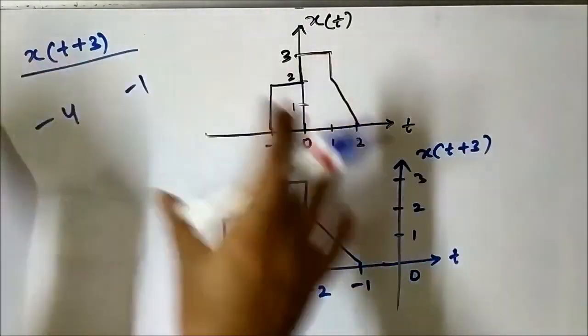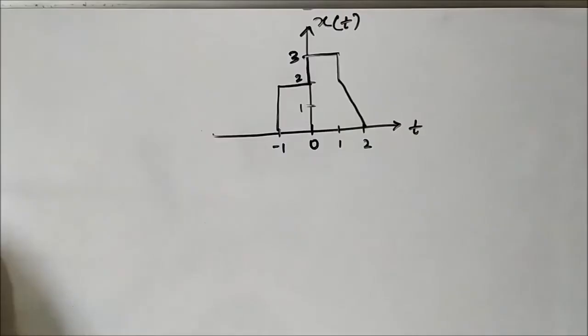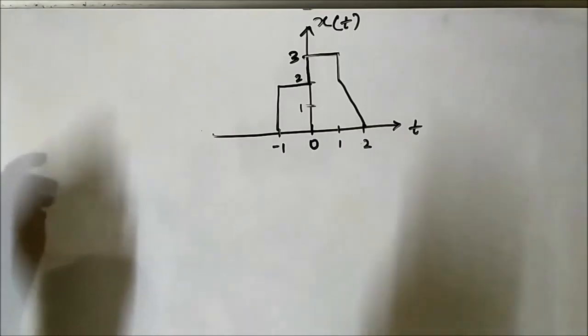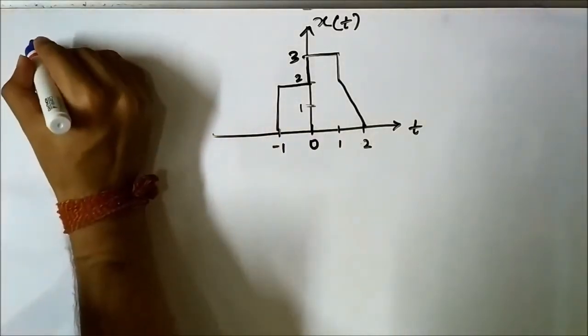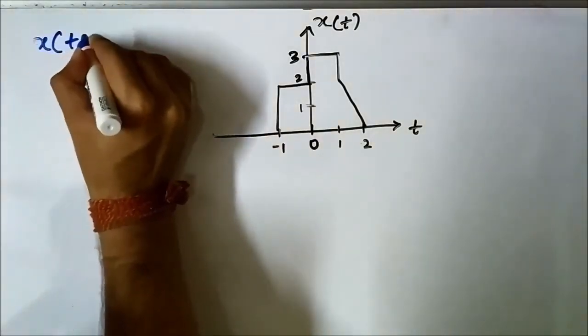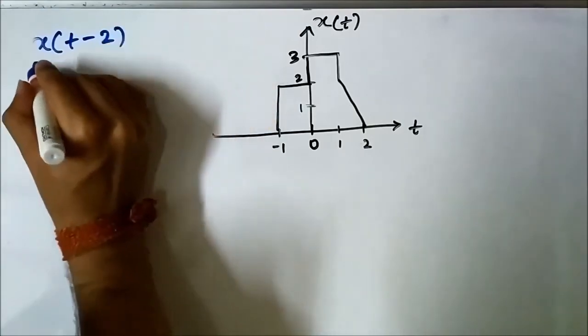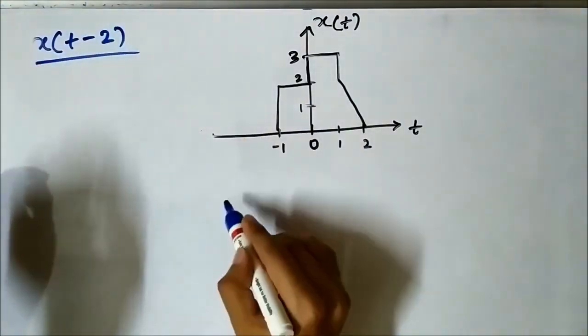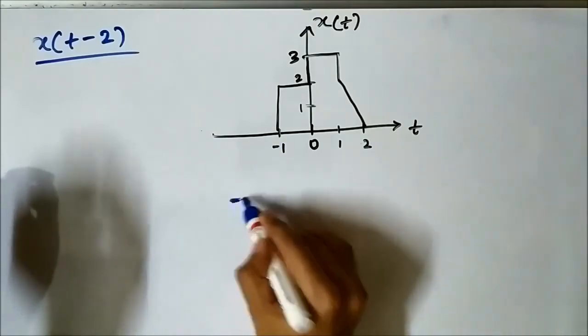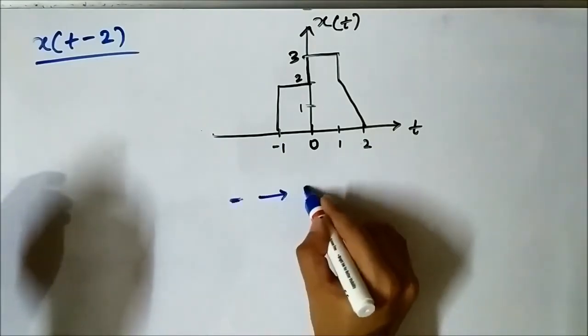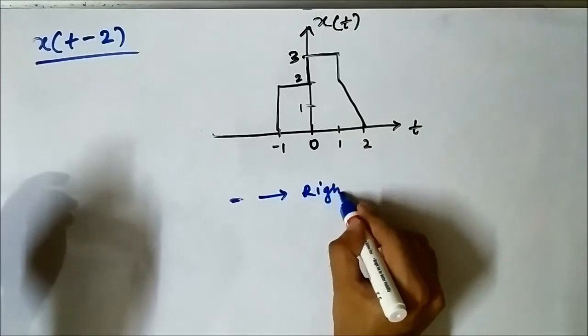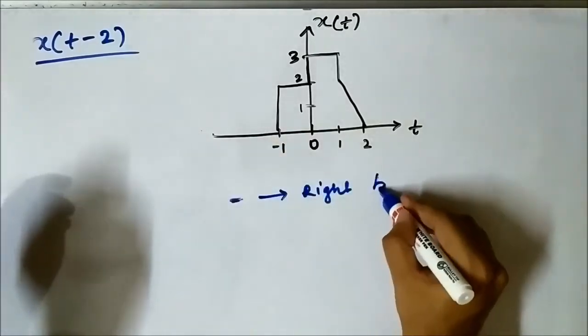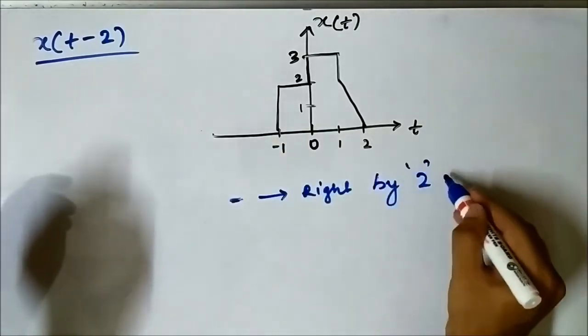Now let us do the other thing in the other direction. Let us do the shifting like this, x(t minus 2). Minus sign means the shifting will take place towards the right, and 2 means by 2 units.